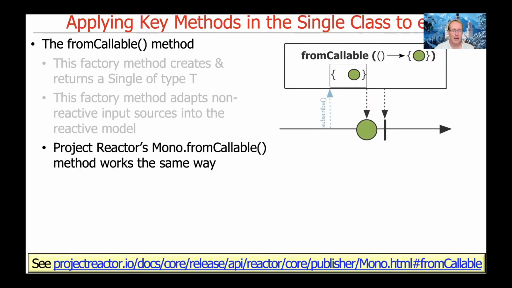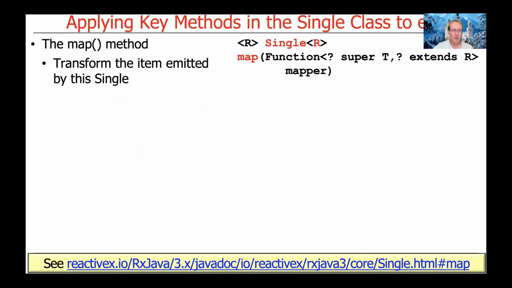There's also a fromCallable method in Project Reactor defined in the Mono class, which is the closest thing to a Single in Project Reactor, and it works basically the same way. The marble diagram looks different syntactically, but it's basically the same idea. The callable will generate a result, and that gets returned.